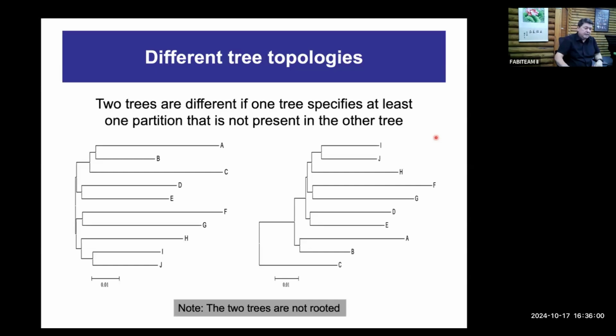So here I have two trees, and by definition, two trees are different from one another if one tree specifies at least one partition that is not present in the other tree.